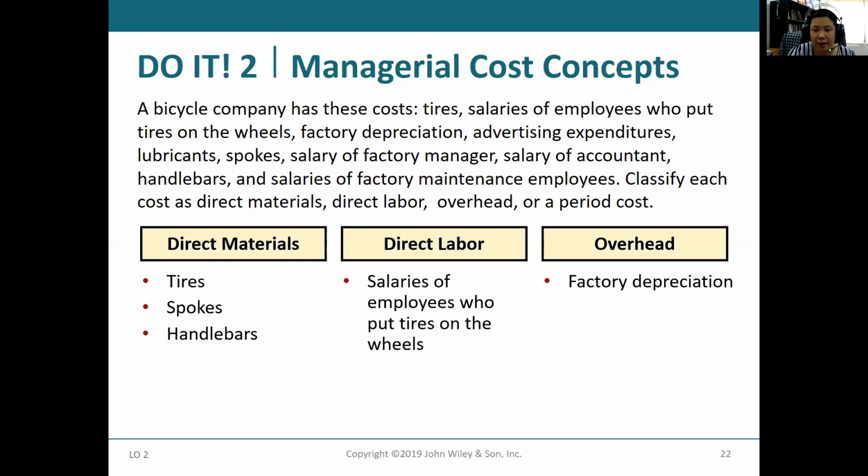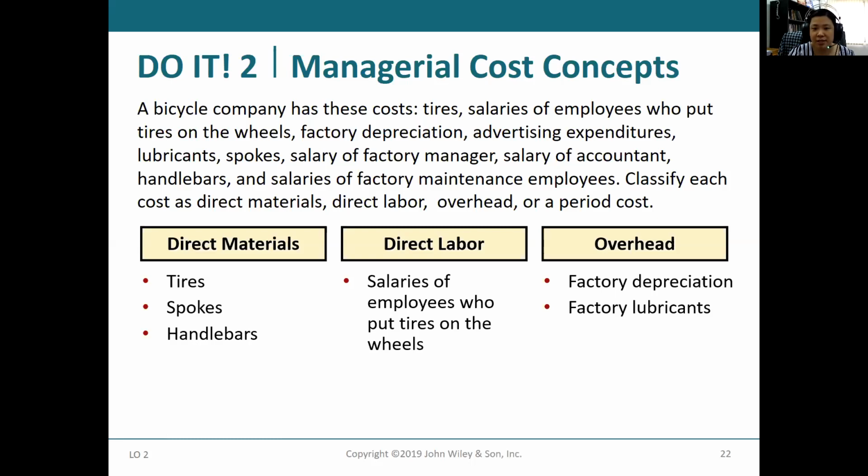And factory depreciation, it should be under manufacturing overhead. Okay, factory lubricant, this is under indirect material, so it should be manufacturing overhead, because the lubricant is just like the oil, is very small. It's not significant, but it's necessary to put it in the bike.